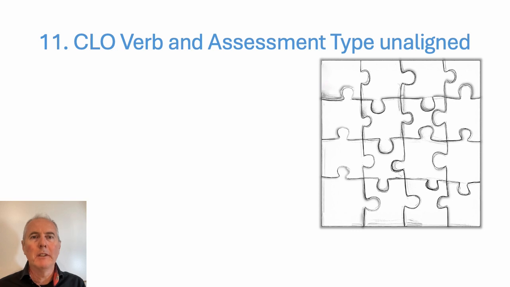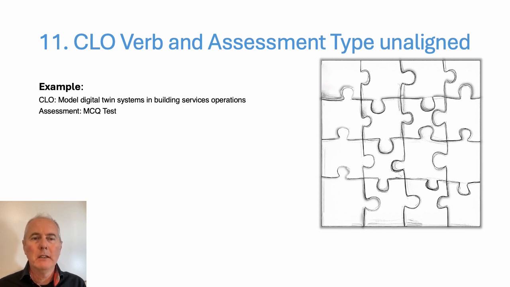Finally, number 11. The CLO verb and assessment type are unaligned. In an example, the CLO, model digital twin systems in building services operation, and the assessment, multiple choice test quiz. In this example, the multiple choice quiz questions are unlikely to reflect the verb model.